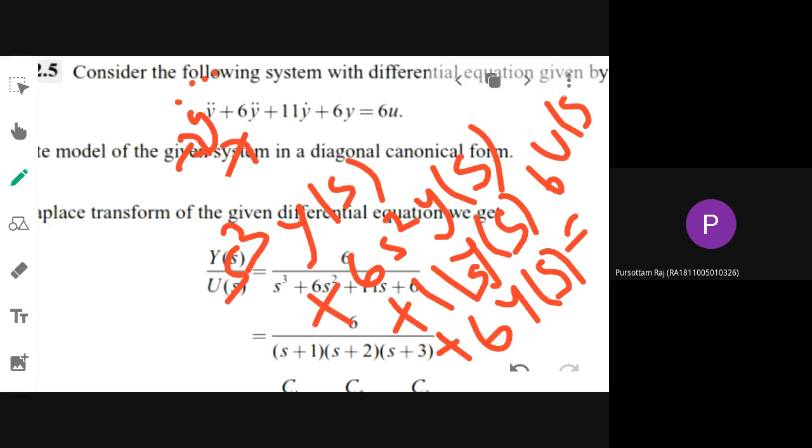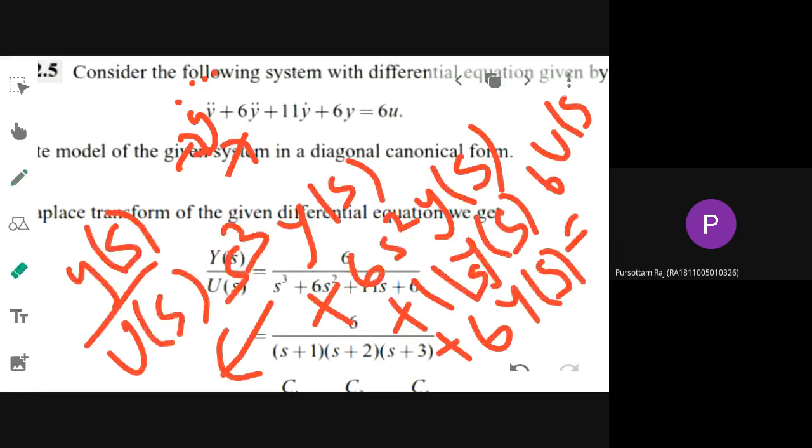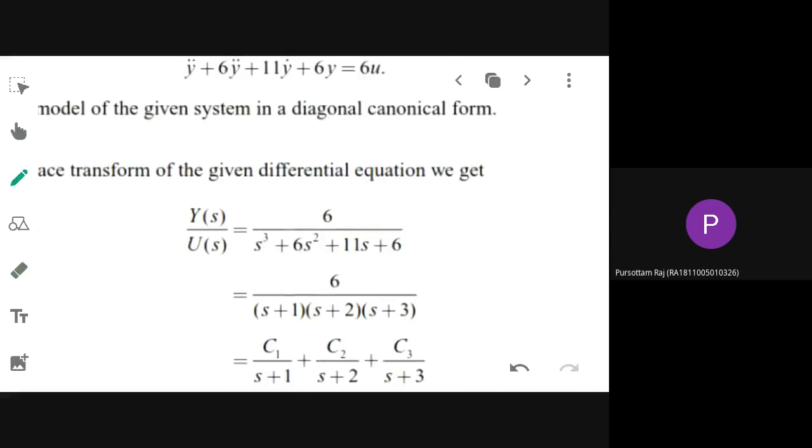Now you take Y(s) commonly out, bring all the other terms inside the bracket, and take the ratio Y(s) divided by U(s). The transfer function is 6 divided by s cube plus 6 s squared plus 11 s plus 6.